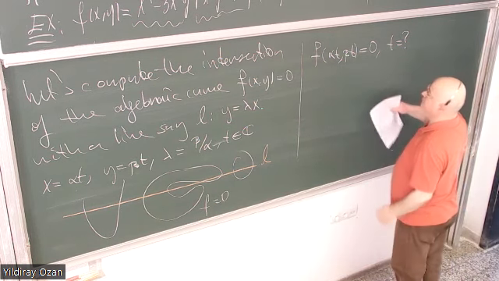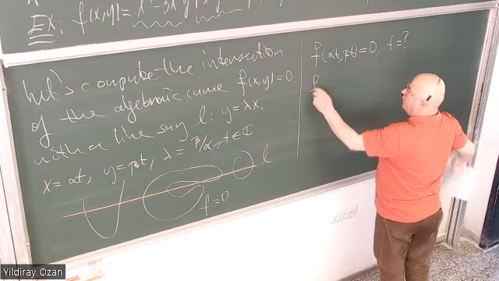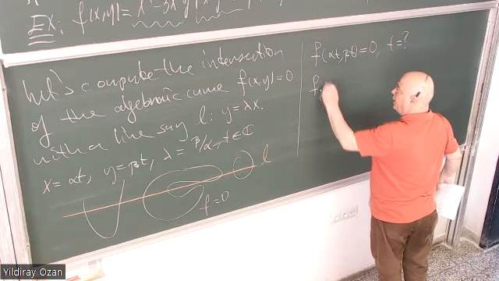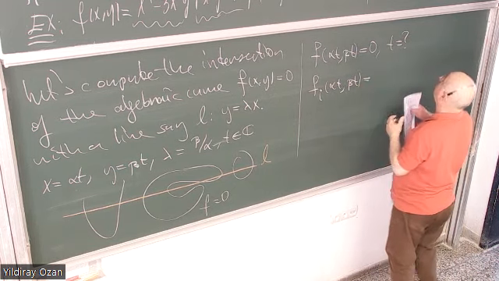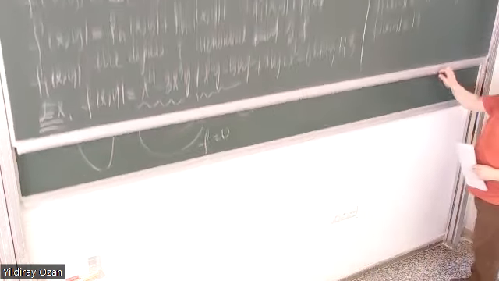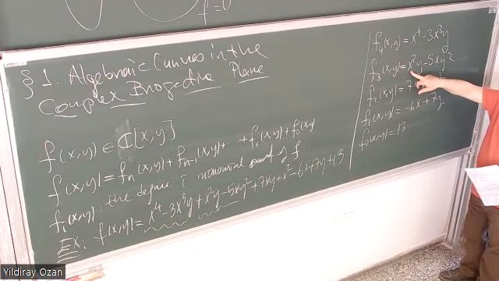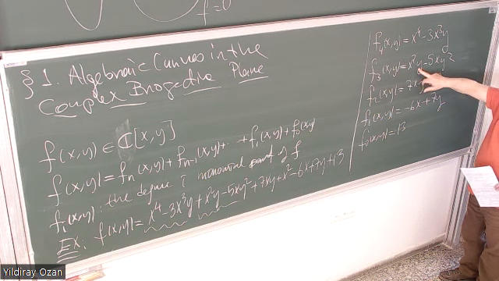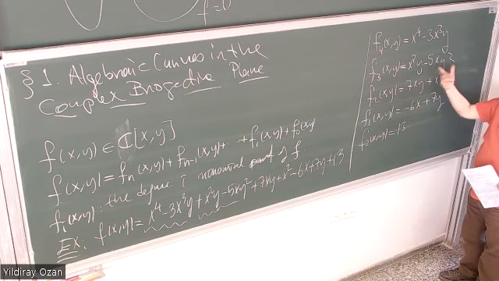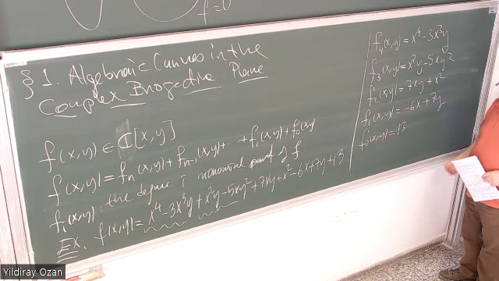Now, what happens when you plug this expression in? If you write alpha t instead of x and beta t instead of y, you get t cubed, and you can just throw out t cubed.